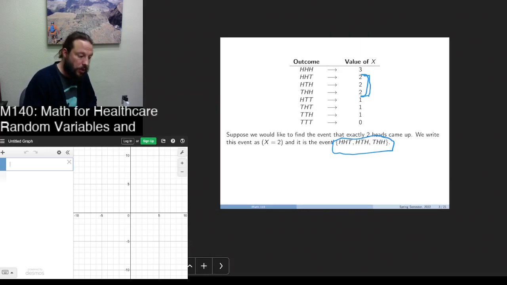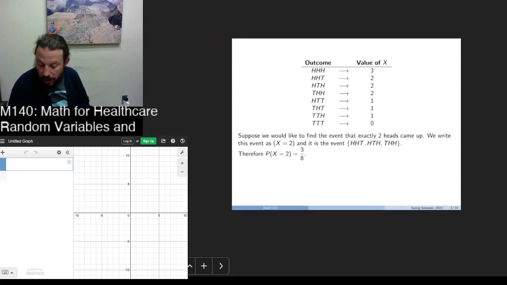It's just a nicer way to write it down, and it works out quite well for us, and it's pretty critical. Okay, so here, the probability of x equal to 2, well, there's 3 of those in that set, over 8. We've known how to find these probabilities. This is important to be able to understand what this means. Probability of x equal to 2 is the same thing as this set over here.